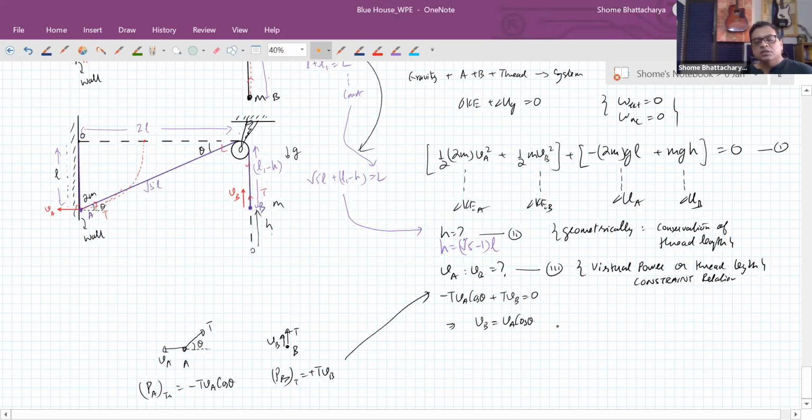Now in the diagram, you can see that at that particular instant, the value of cos theta is based upon the hypotenuse. This relation and this relation will be substituted in equation 1.